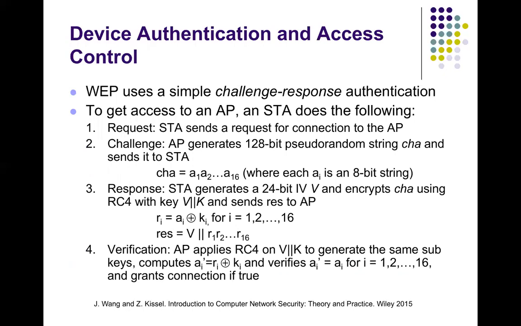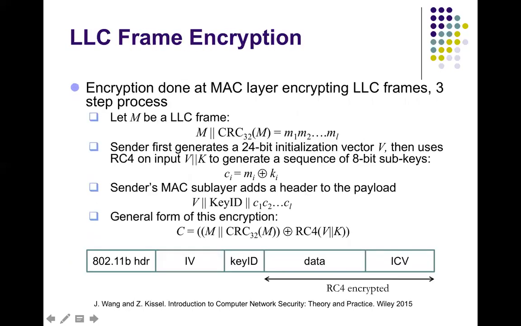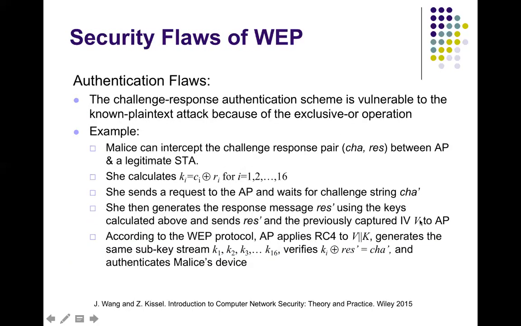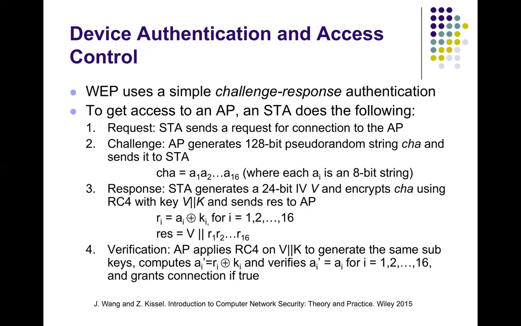So you should also get this initial vector for this particular KI. The initial vector is sent in plain text in the response, V and then R1 up to R16.